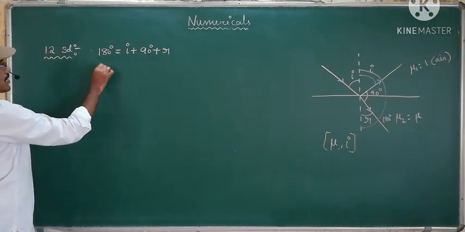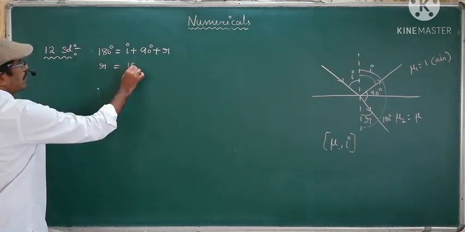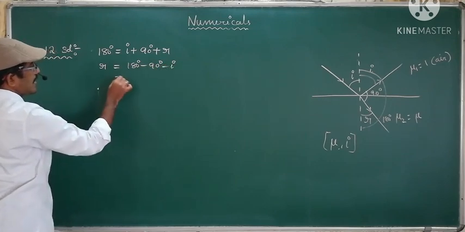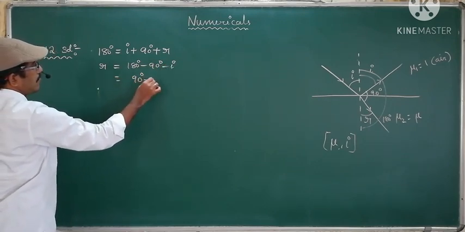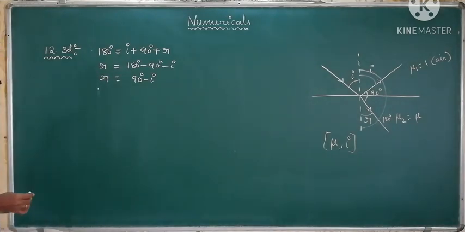Now we want the angle of refraction. So angle of refraction R is equal to 180 minus 90 degrees minus I. This is 90 minus I. So R is equal to 90 degrees minus I.